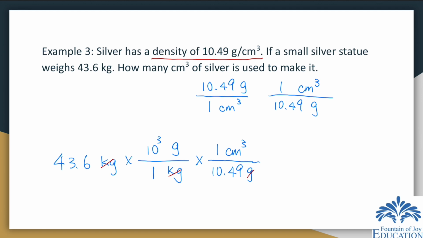And when we do this, gram and gram cancel out, leaving us with cubic centimeter. To do the calculation, we have 43.6 times 10 to the power of 3 divided by 10.49. And this will leave us with 4.156 times 10 to the power of 3 cubic centimeter.